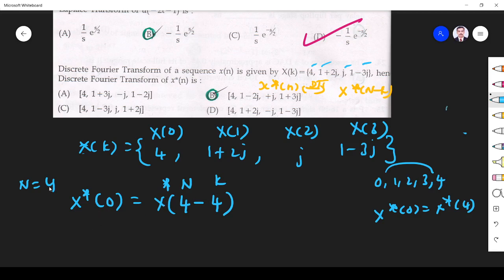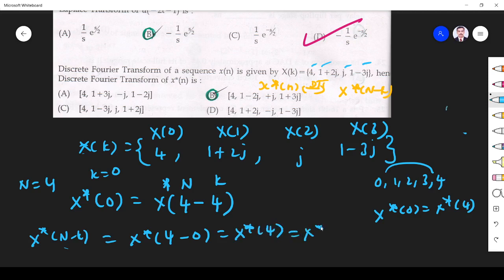So for k0, I substitute in X star of N minus k: N is 4, k is 0, so X star of 4. X star of 4 is nothing but X star of 0. So what is X of 0 from the problem? X of 0 is 4, which means X star of 0 is also 4.